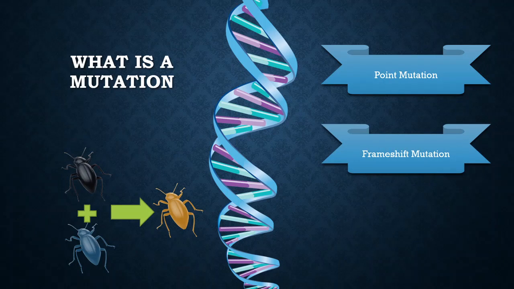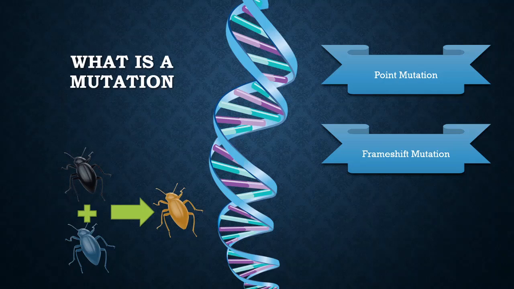Frameshift mutations, on the other hand, can do lots of changes because you're adding or removing bases, and because of that, you can shift the whole frame for one amino acid back by one. Then the protein itself will actually change, because since there are so many different types of proteins, even one change of an amino acid can change what the protein does altogether.